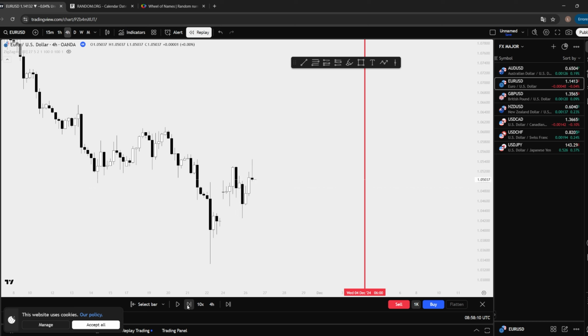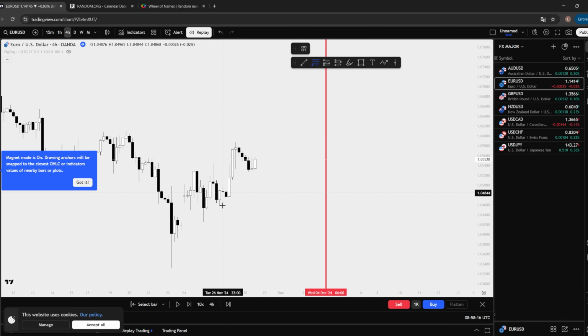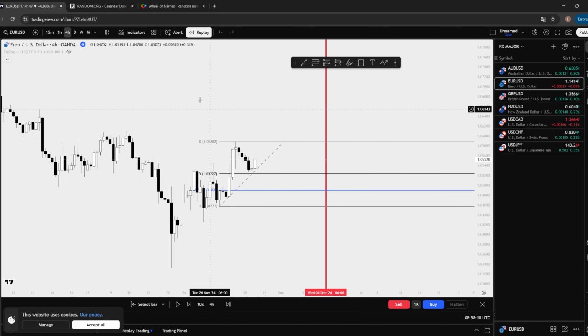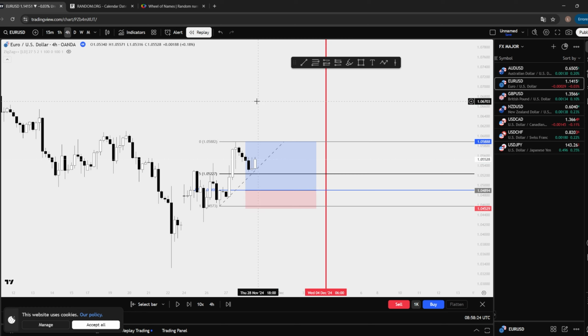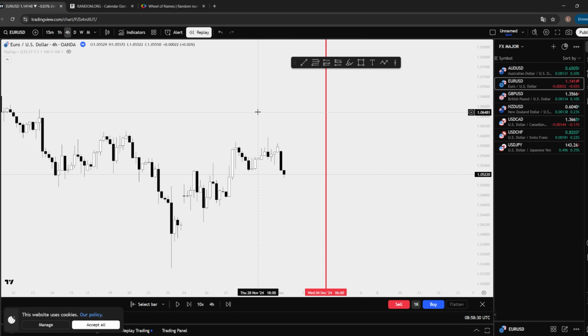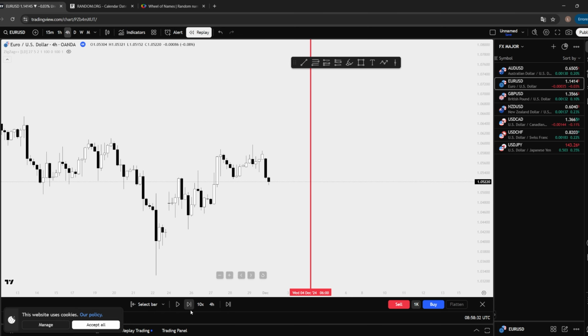Okay, a little sideways. Okay, here is our range. This is a fine opportunity. Let's go like this. Trade cancelled because the maximum of the range was already touched.